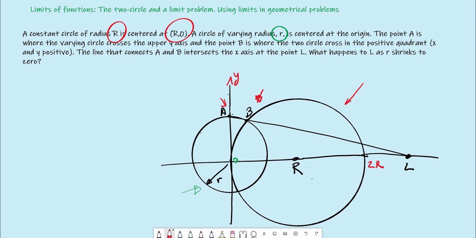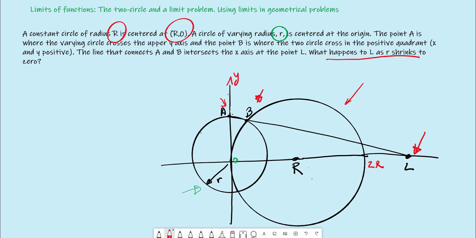Then we take that line that connects A and B, and we draw it all the way down to the x-axis, and we find a new point L, which is where the line crosses the x-axis. And typically the question is, what happens to L? So if we change r, how does L change?